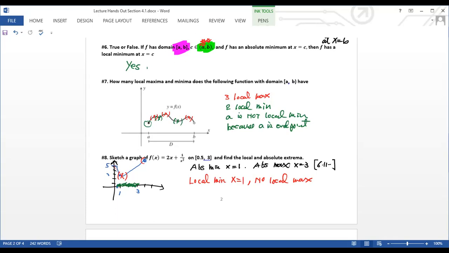The other thing is that the local max and local min will not happen at the end points, or at the boundaries of your domain.